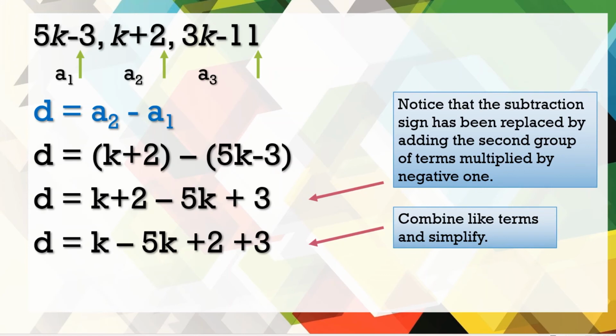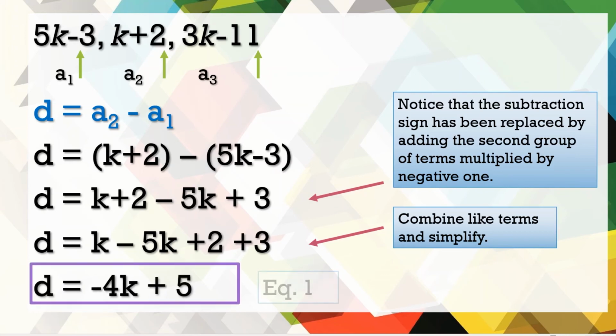That is because we combine like terms and simplify it. So, we have k minus 5k equals negative 4k and 2 plus 3 equals 5. Thus, the common difference is negative 4k plus 5. Let us consider it as equation 1.